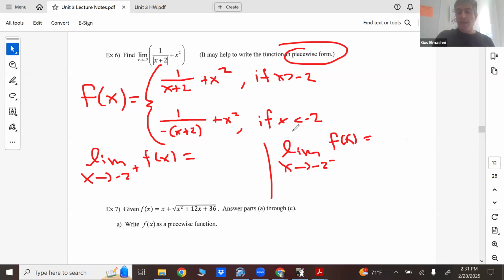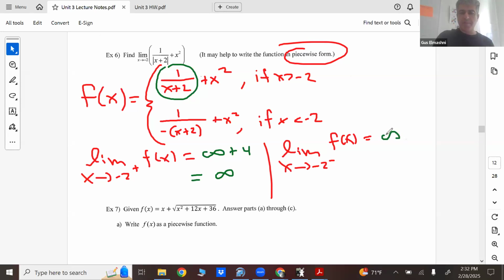Okay. If x is approaching -2 from the right side, this expression is getting positive, right? Positive infinity. So essentially you have positive infinity plus 4. Would you agree with that? That's just positive infinity. If I plug -2 into the bottom one, or close enough, like -2.001, it's the same thing.